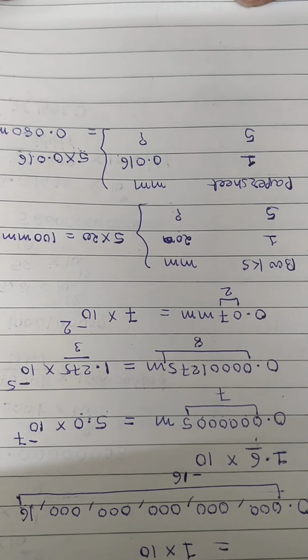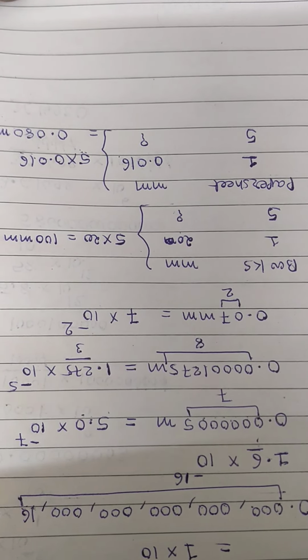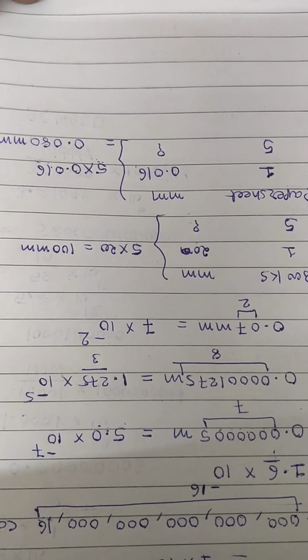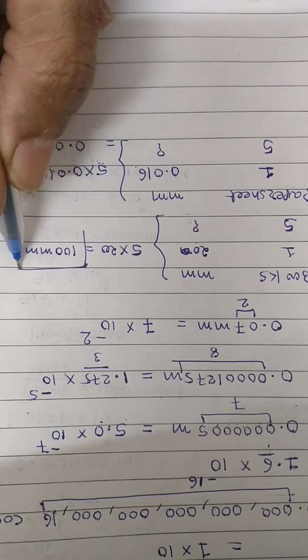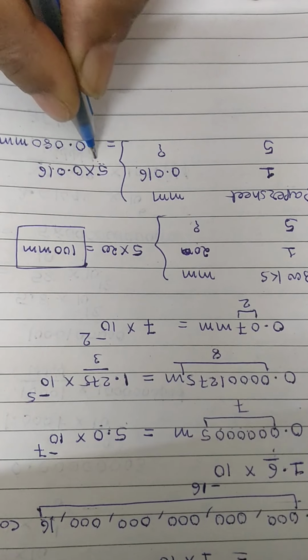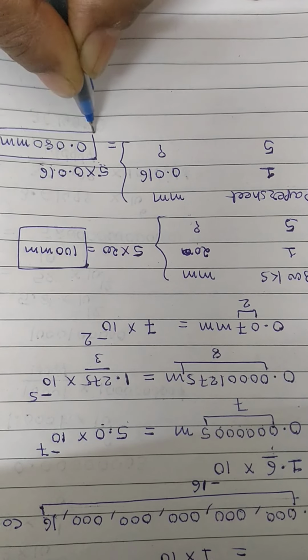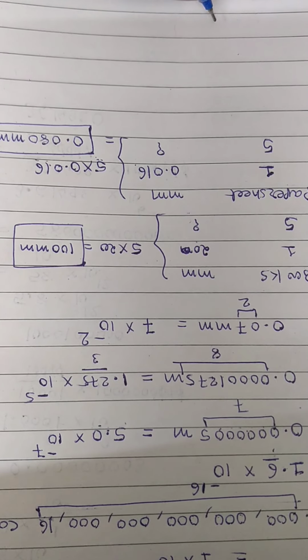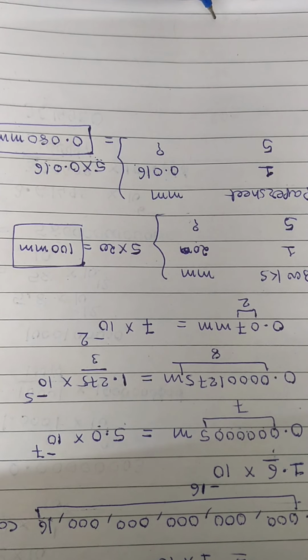What is the total thickness of the stack? We want to find out the total thickness of the stack. So this is the thickness of 5 books, and this is the thickness of 5 paper sheets. All these are in the stack.